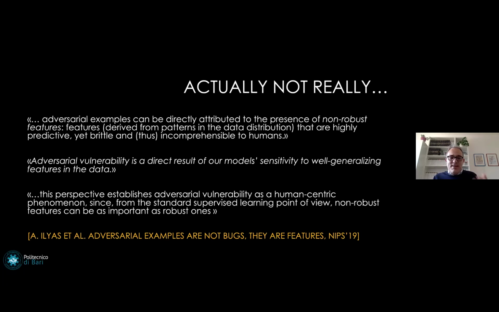So they say that this perspective establishes adversarial vulnerability as a human-centric phenomenon, since from the standard supervised learning point of view, non-robust features can be as important as robust ones. Now we also understand the title of this paper, where they say that adversarial examples are not bugs, they are features.